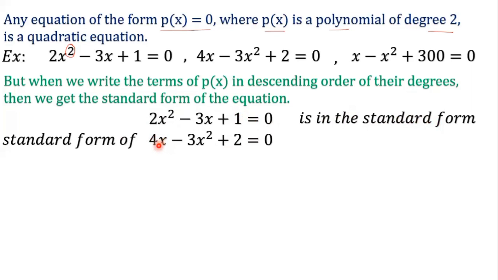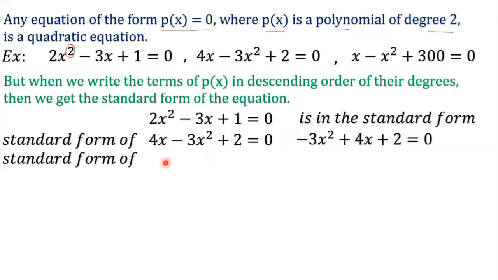Now, the standard form of 4x minus 3x square plus 2 is equal to 0 is, here the term with degree 1 is written first, then the term with degree 2, then the term with degree 0. So, you have to write in descending order of their degrees. So, minus 3x square plus 4x, then plus 2: degree 2, degree 1 and degree 0.